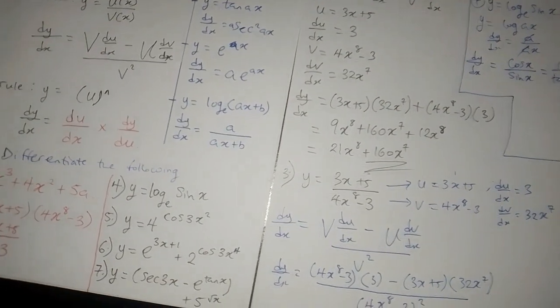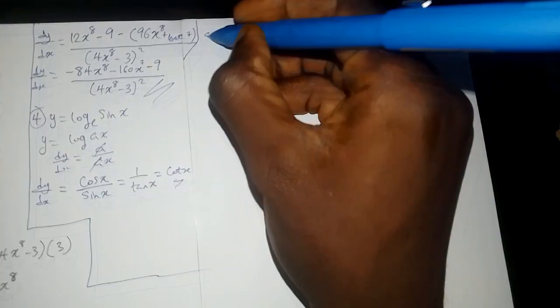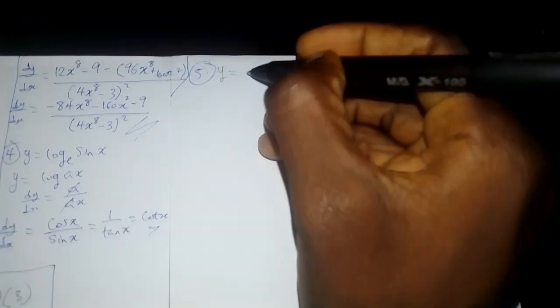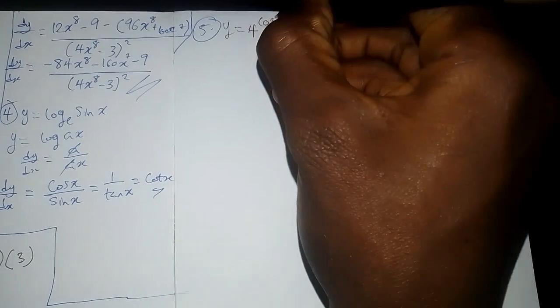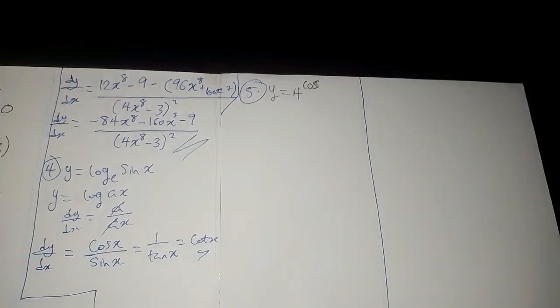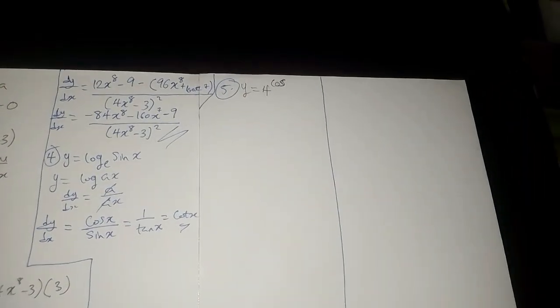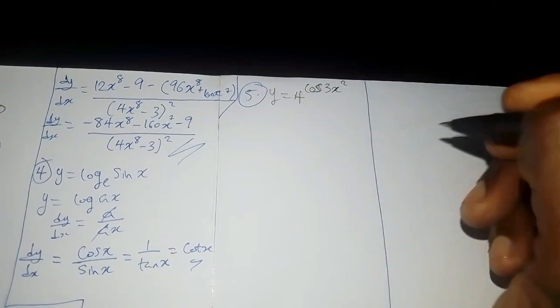For number 5, y equals 4 raised to power cos 3x squared. A power that is having another power. So what do we do here?